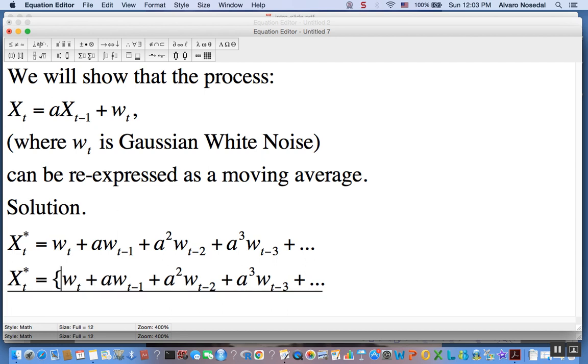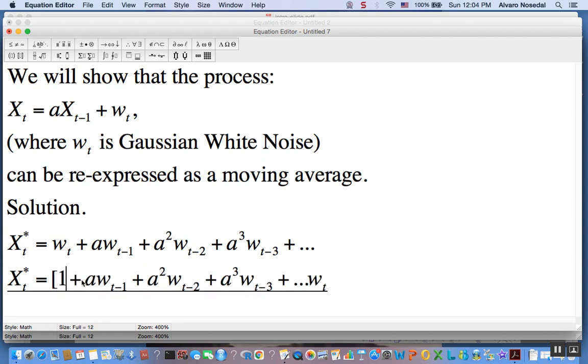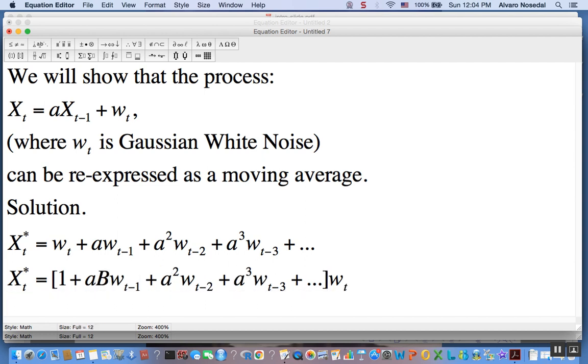So what we're going to have is, instead of Wt, just a1 times Wt. Makes sense? Another way of thinking about this 1 would be as b to the 0 power. Make sense? Okay, now instead of Wt minus 1, we're going to have the backward shift operator applied once to Wt.